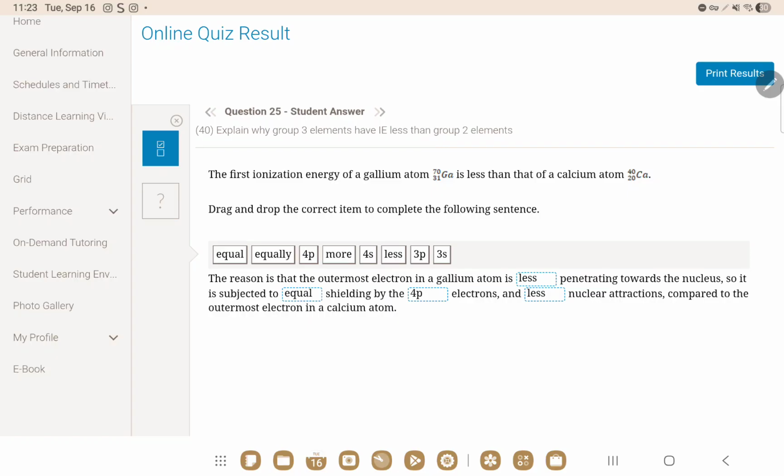The first ionization energy of gallium is less than that of calcium. Why? First we need to see where gallium and calcium are. Calcium is before gallium in the same row, in the same period. So if they're in the same period and one is before the other, gallium is less penetrating towards the nucleus.